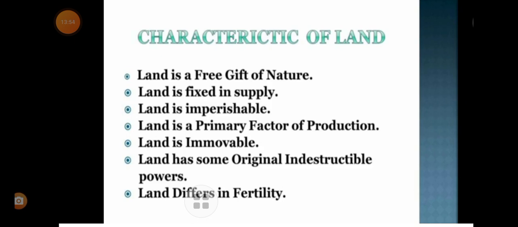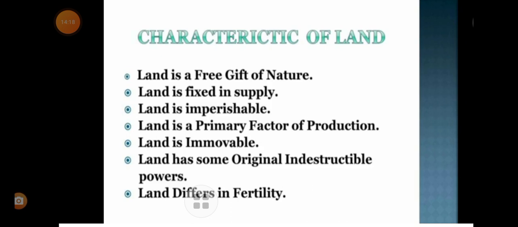Land is imperishable. Imperishable means indestructible. It cannot be destroyed or go out of existence. Land is a primary factor of production. Primary means basic, so land is the basic reason for production.